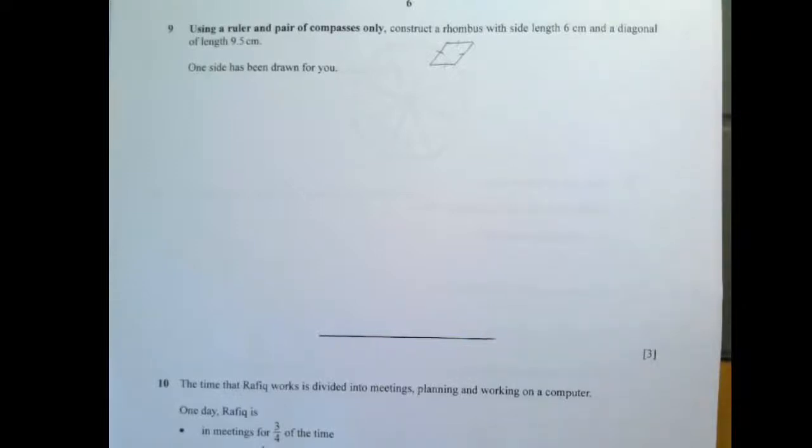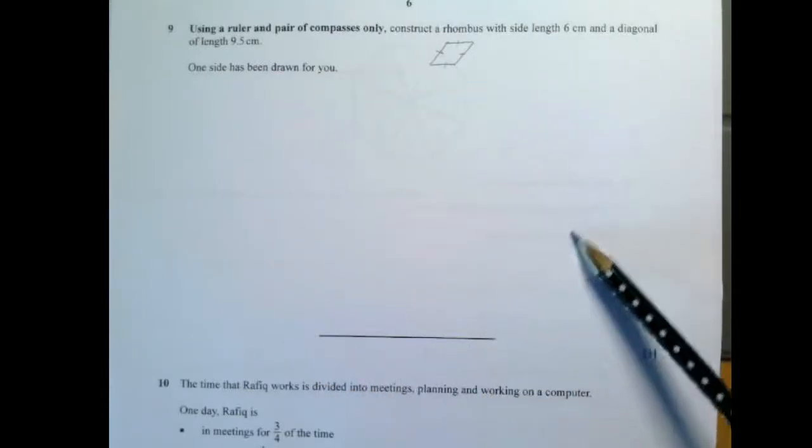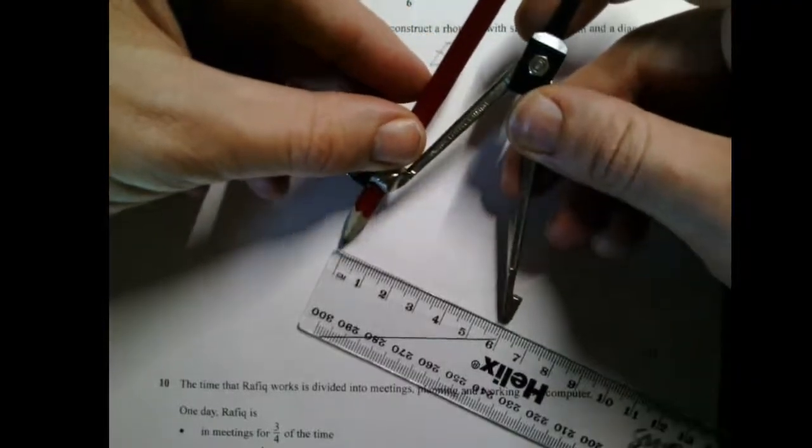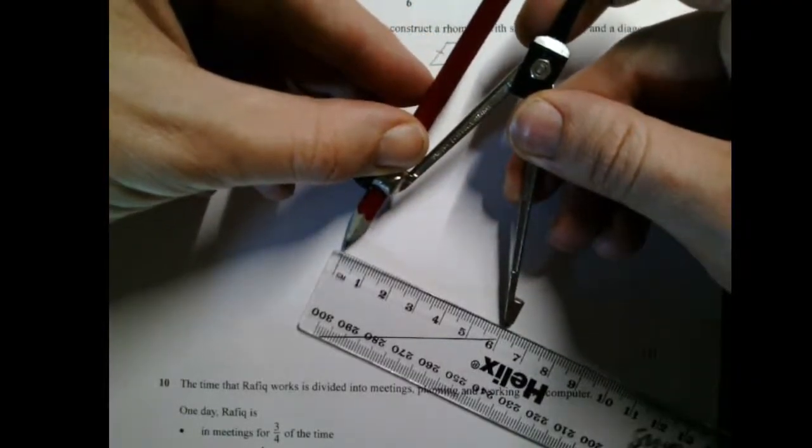Okay, so the first thing we need to do is make side lengths of 6 centimeters. So from this point there needs to be a line going somewhere that's exactly 6 centimeters, and the same here. So I'm going to open my compass exactly 6 centimeters.